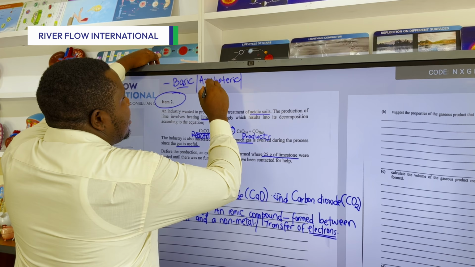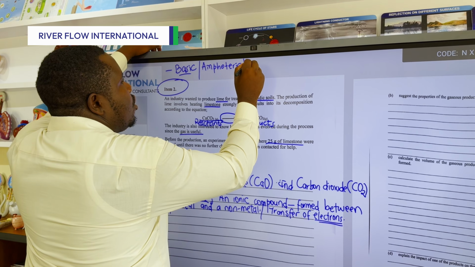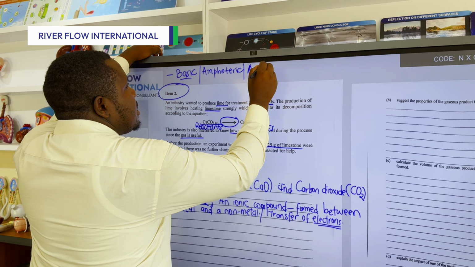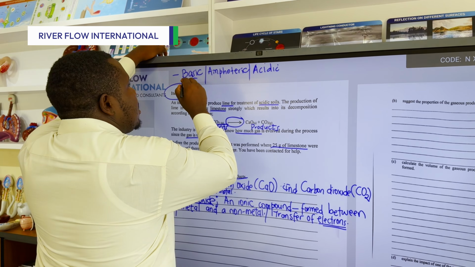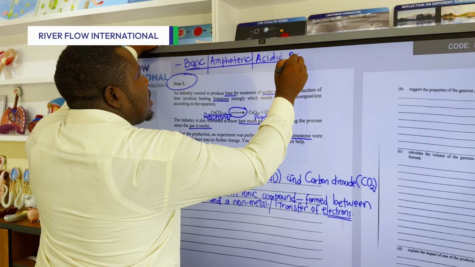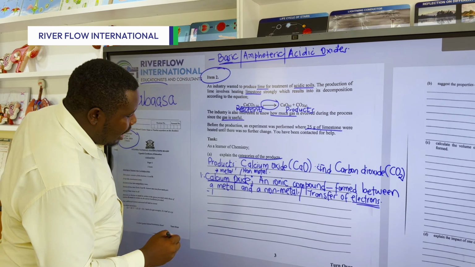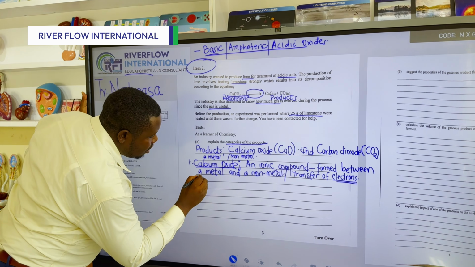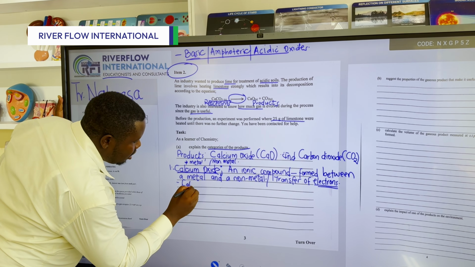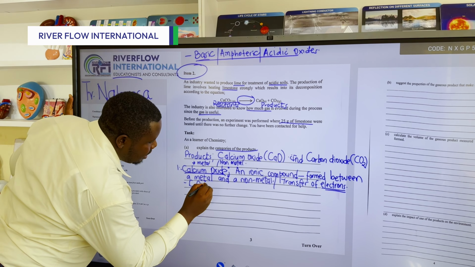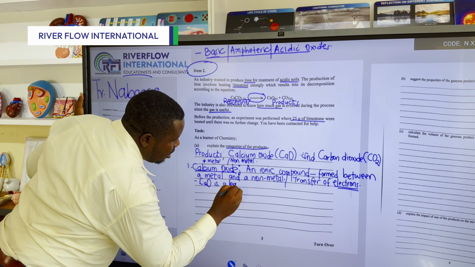Basic oxides have basic properties. And then we also have acidic oxides. So among these oxides, calcium oxide becomes a basic oxide. So we are going to say that calcium oxide is a basic oxide.